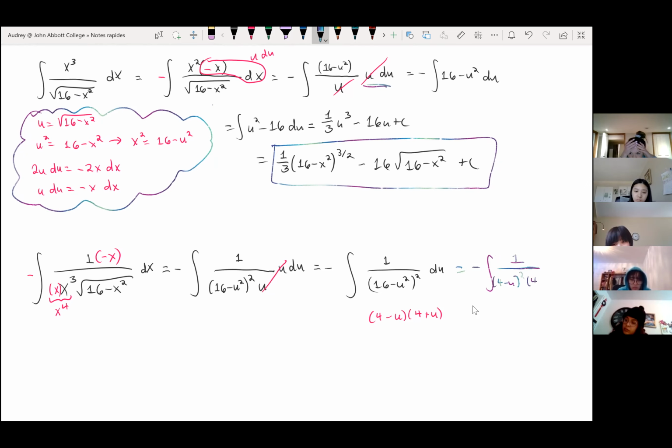And I could also do partial fractions on it. So turning this thing, having that x cubed in the bottom, we were able to follow through with the substitution. It turned into a problem where that wasn't much easier though.